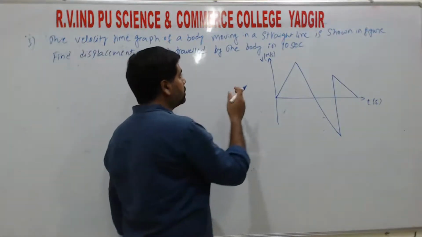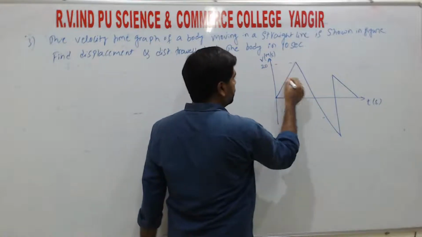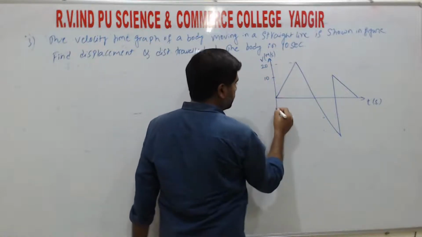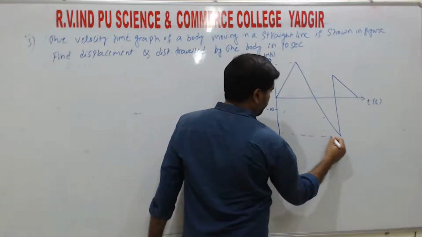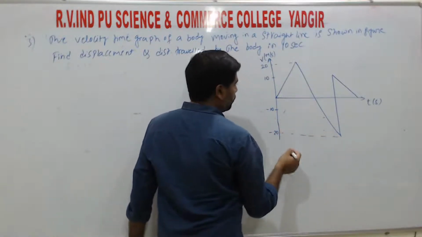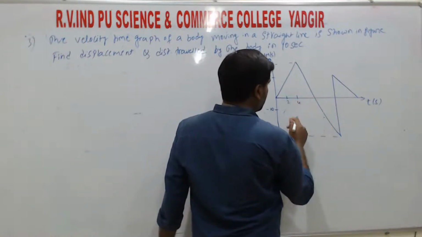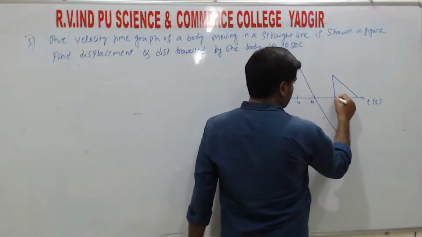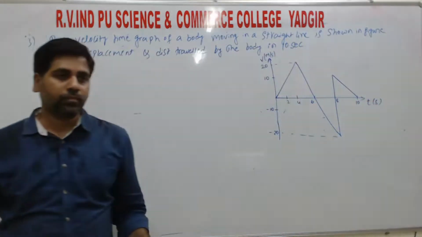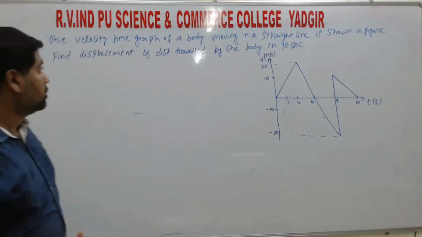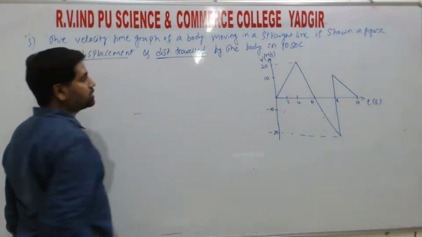So here it is 20, and here it is 10, again here it is minus 10, minus 20. So 2, 4, 6, 8, 10. Right? So we need to find the displacement and distance traveled.